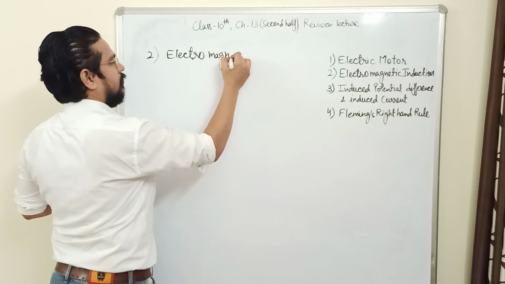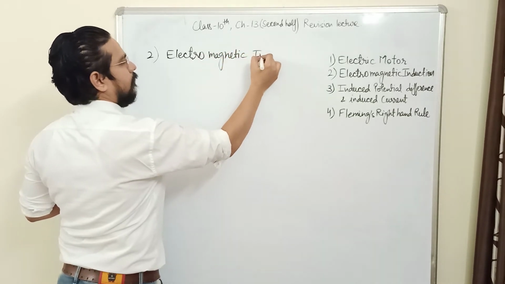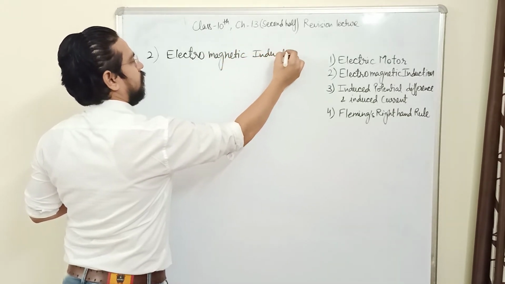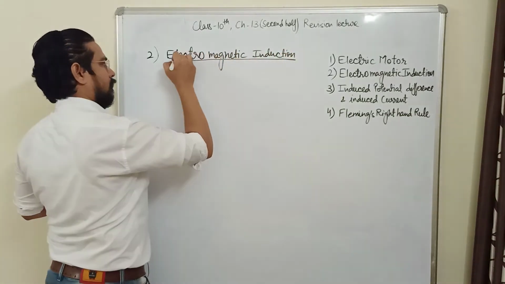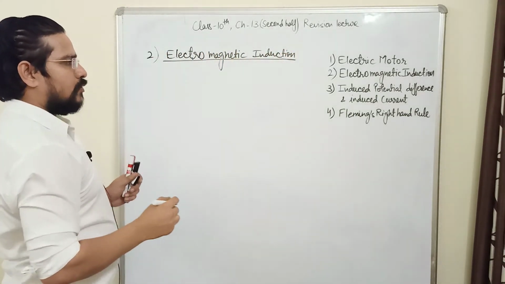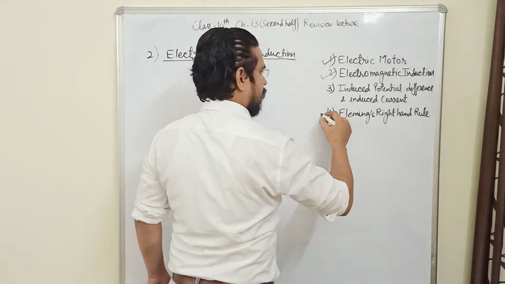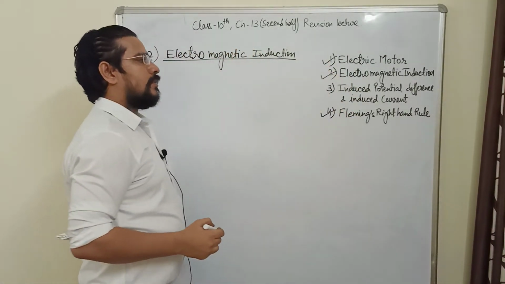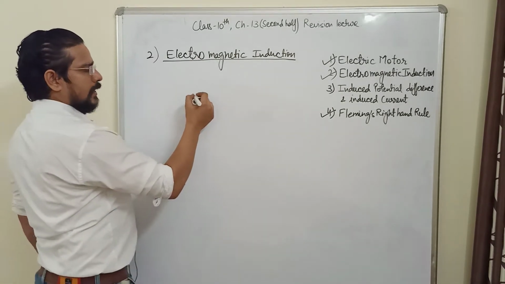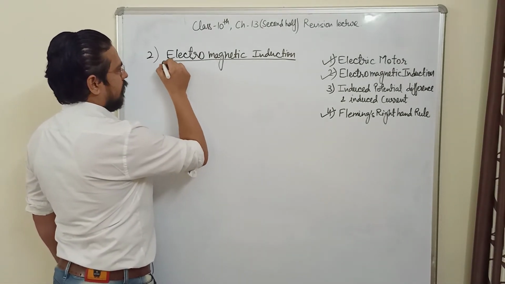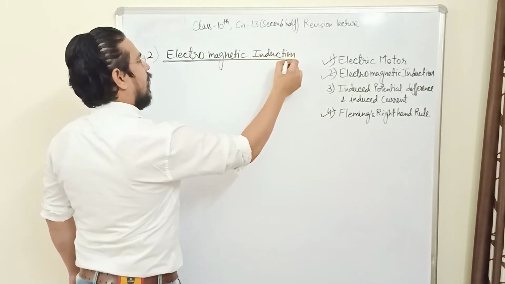Electromagnetic induction and Fleming's right hand rule go side by side. Fleming's right hand rule explains the direction of induced EMF.